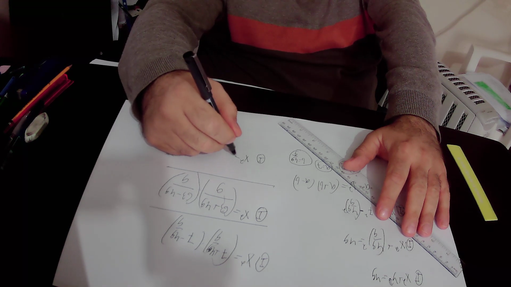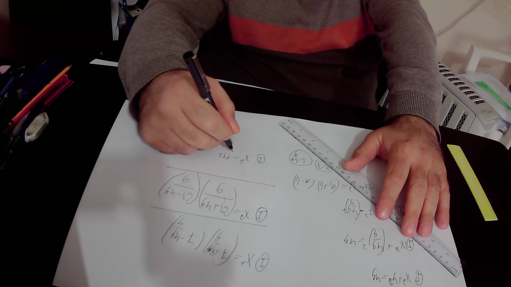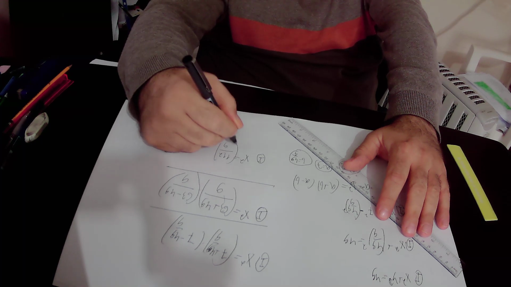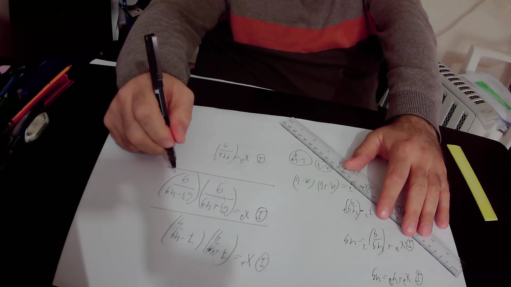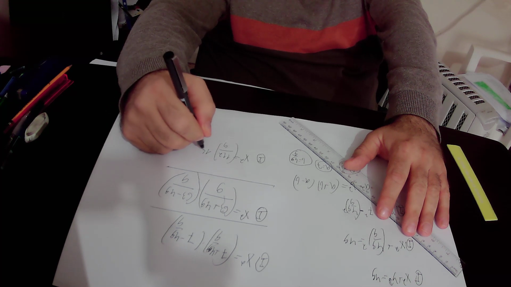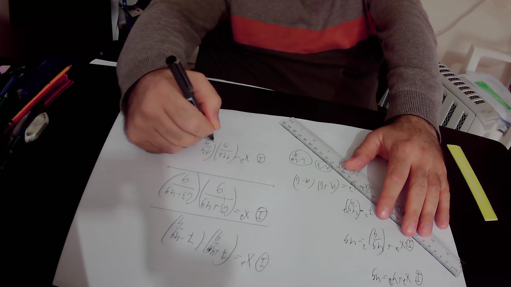So x squared equals 112 over 9 times 14 over 9.